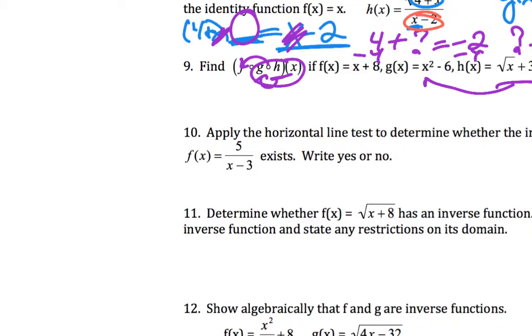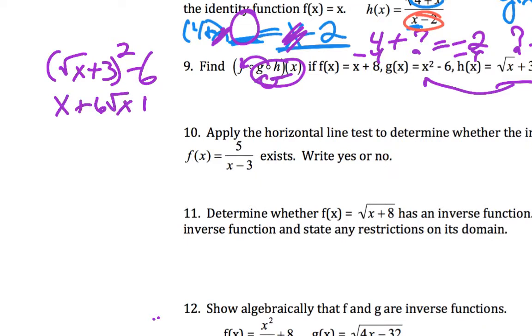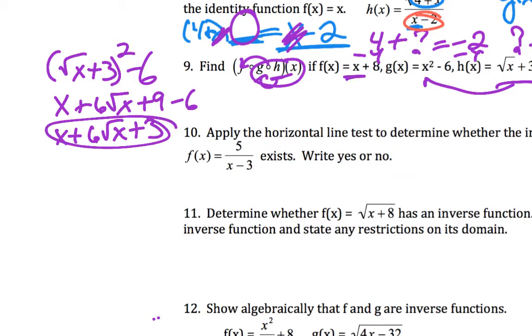And so I see an x squared. So I need to plug in that square root of x plus 3 squared minus 6, and this comes out to be x plus 6 square root of x plus 9 minus 6, so x plus 6 square root of x plus 3. And I need to take that and plug it in for this x.